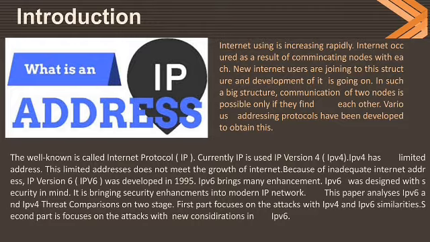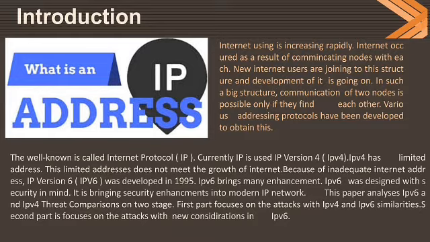IPv4 has limited addresses. These limited addresses do not meet the growth of the Internet because of an inadequate Internet address space. IP version 6 was developed in 1995. IP version 6 brings many enhancements. It was designed with security in mind, bringing security enhancement into the modern IP network.